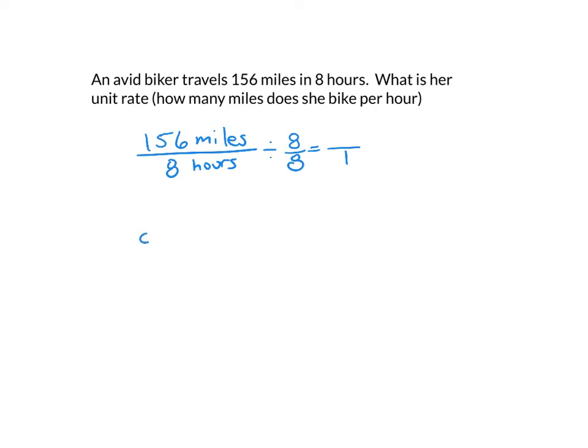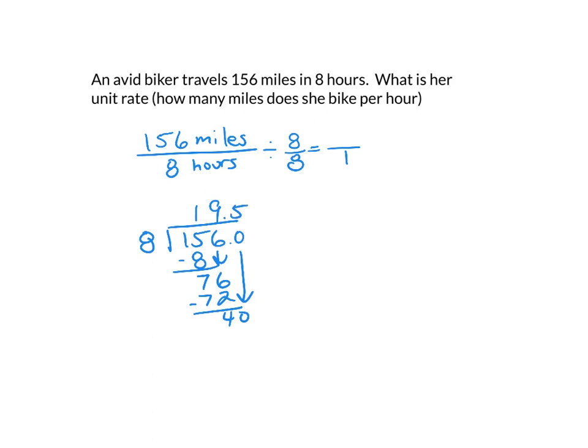If I go through and do that, 156 divided by 8, 8 goes into 15 one time. I subtract, I get 7. I bring down the 6. 8 goes into 76 9 times. 8 times 9 gives me 72. I subtract, I get 4. I bring down the 0. 8 goes into 40 5 times, and I get a remainder of 0.